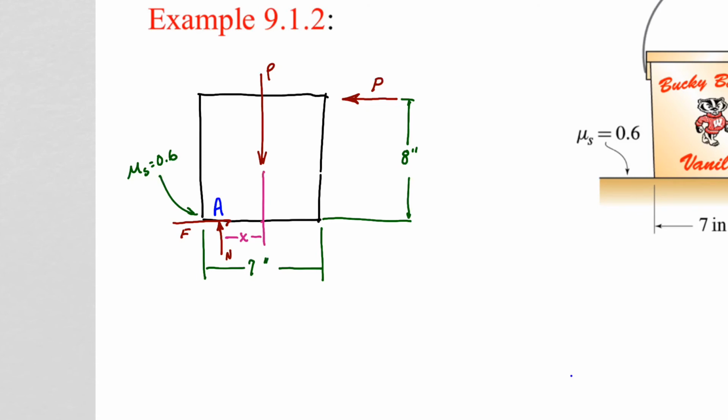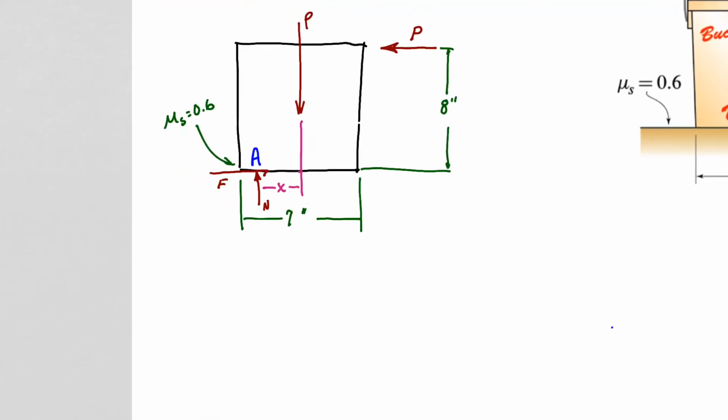So let's take a look at this. Again, if we're at that situation, then we know that our F is equal to mu N. We solved before that N was equal to 9 pounds when we summed forces in our y direction.